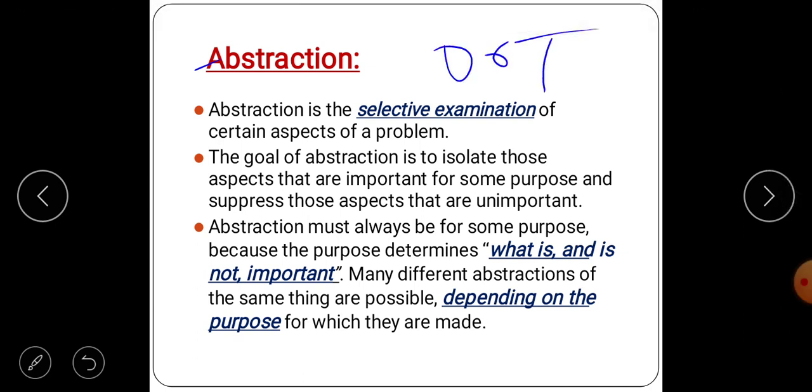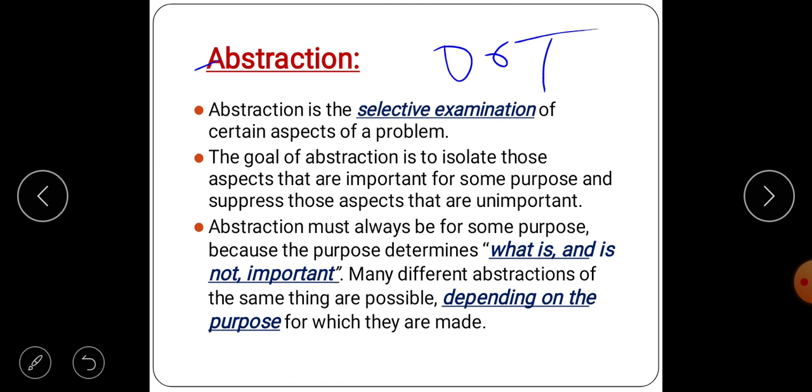We defined that abstraction is to focus on the essential aspects of the application. It will ignore the details. Means in abstraction we are not going to concentrate much on details. We are going to focus only on the essential aspects of the application.